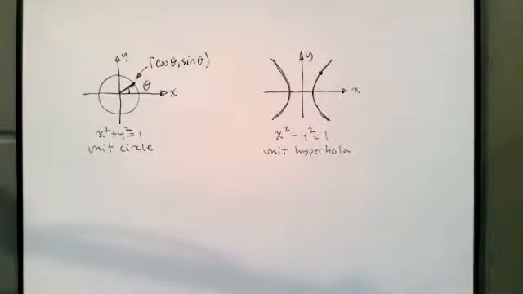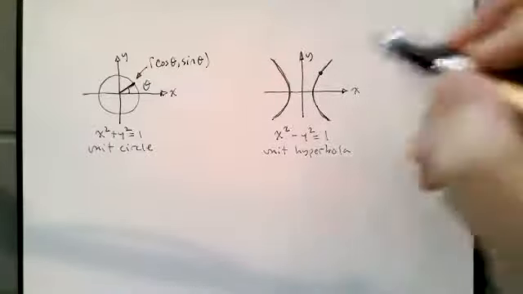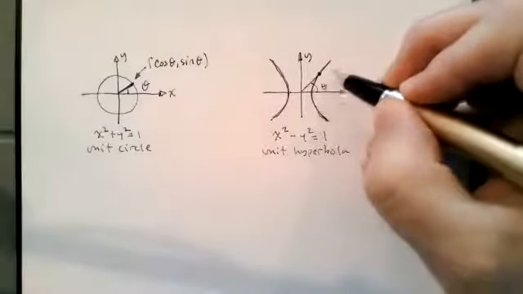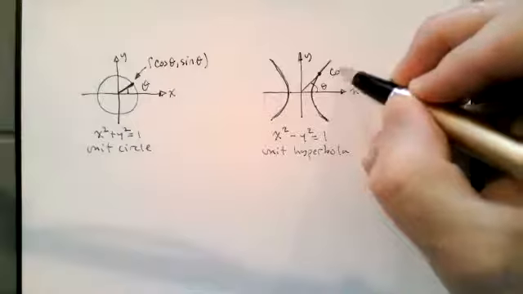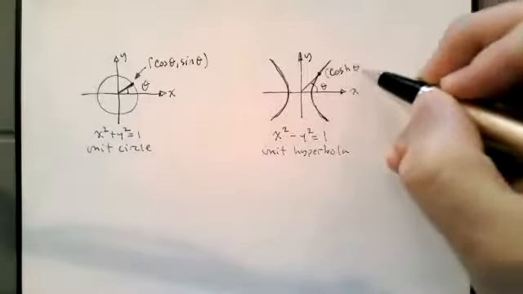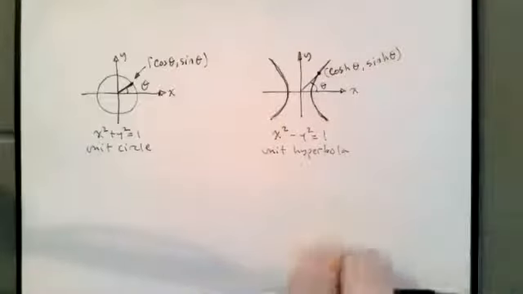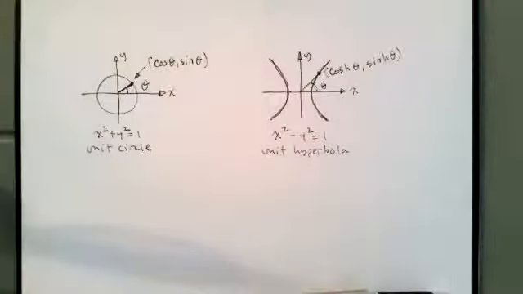We could do the same thing. We could measure an angle from the positive x-axis. But we won't have cosine and sine, we'll have hyperbolic cosine and hyperbolic sine. So, trig facts.